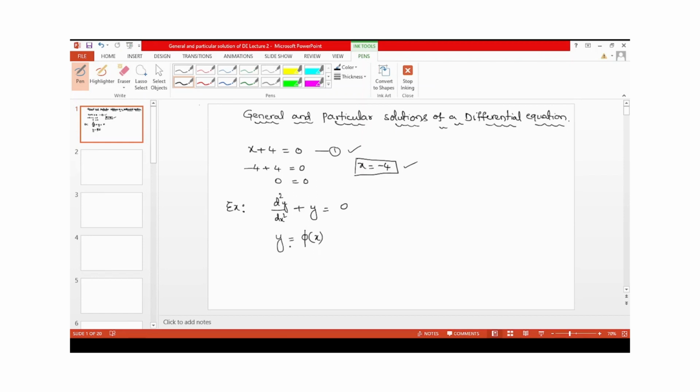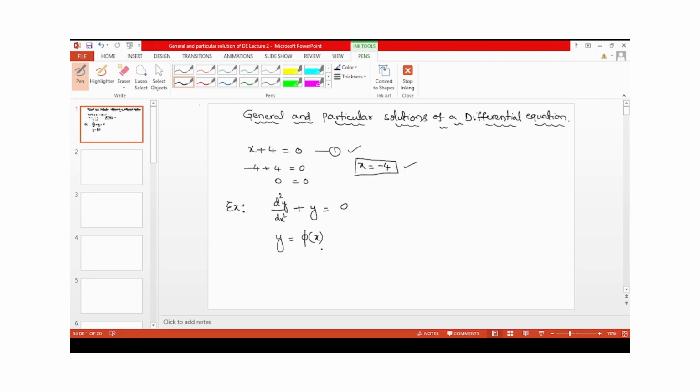So there is some y equal to phi of x and its derivative. Since here we have a second order derivative, when you find the second order derivative, that second order derivative plus the given function, if it is equal to 0, then that phi of x is called a solution curve for the given differential equation. How to find the solution curve for this differential equation, we will come to know in the coming classes.